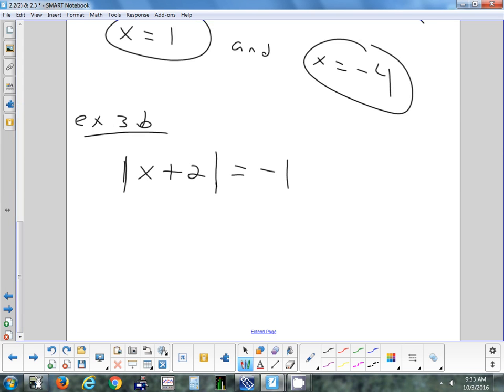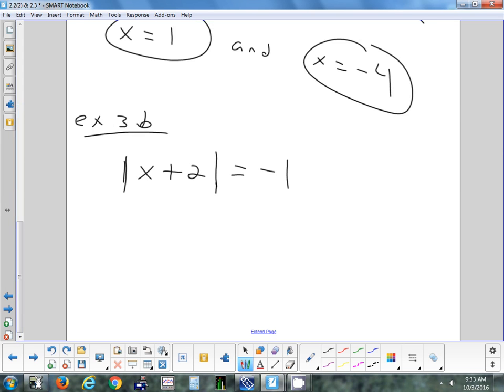Everything's on one side. The absolute value, yeah, it's by itself. Any other thoughts? Looks pretty standard. The answer is negative. Yeah, it can't be negative. So yeah, if you don't notice that, then we're going to run into a problem.